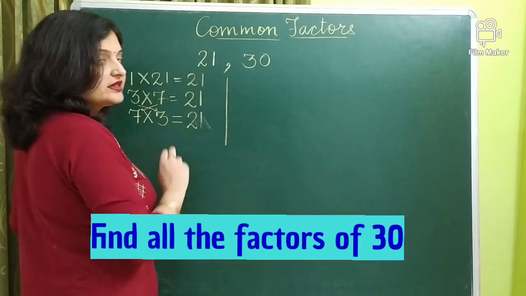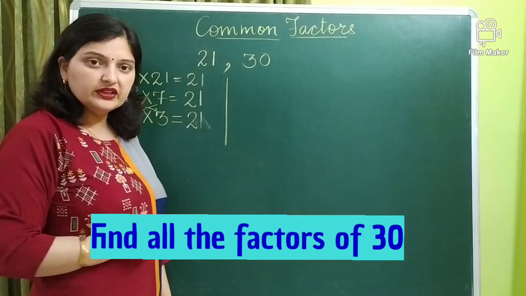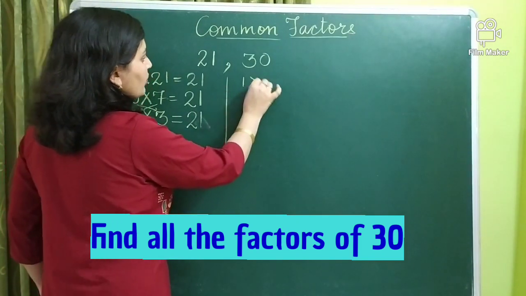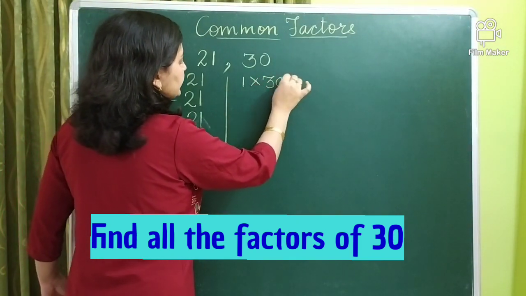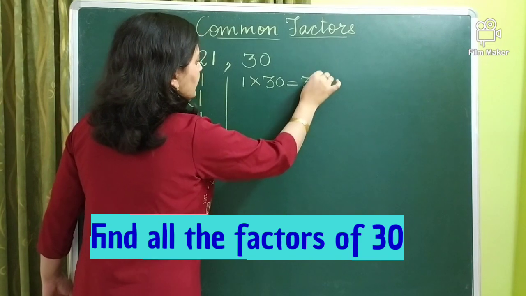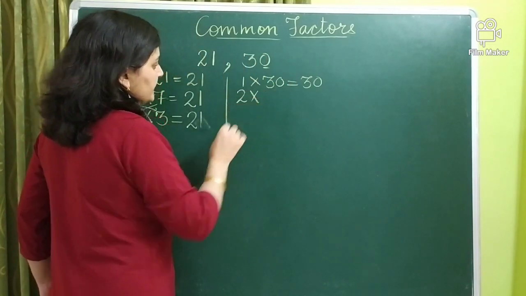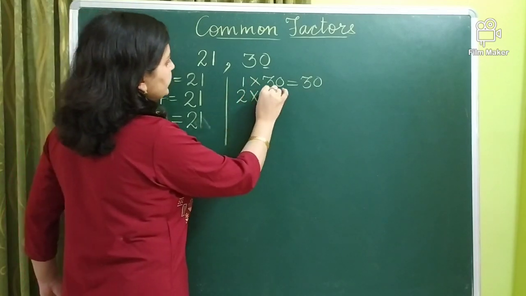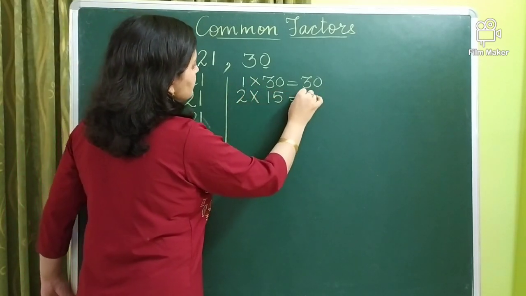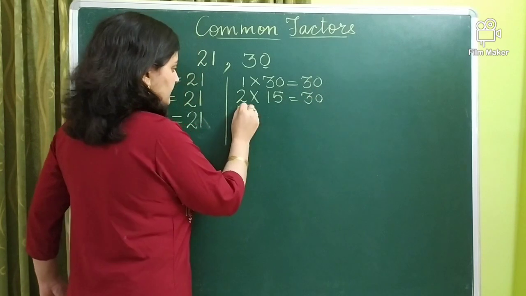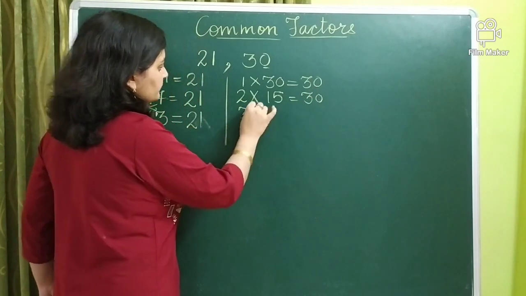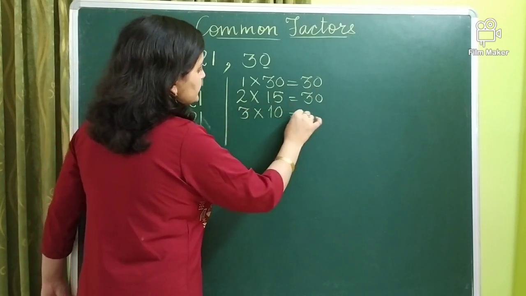Now we will find the factors of 30, and we again start with number 1. So 1 multiplied by 30 is 30. Again, 30 is an even number, so 2 will be one of its factors. So 2 multiplied by 15 is equal to 30. 3 is also its factor. 3 tens are 30.